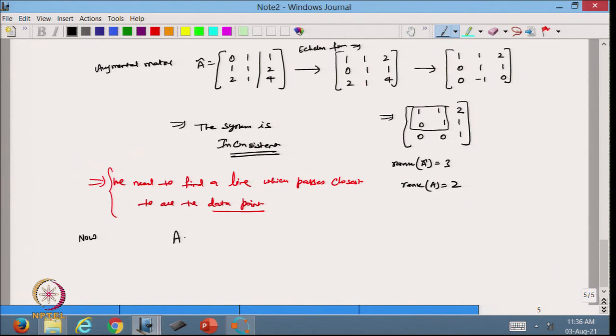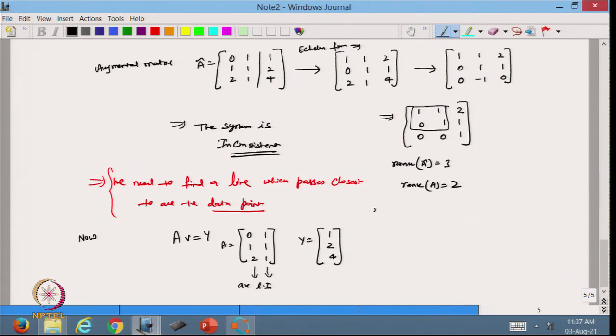Now, we have A v is equal to y, and my A is 0, 1, 1, 1, 2, 1, and my y is 1, 2, 4. Now, I know that these two vectors are linearly independent.